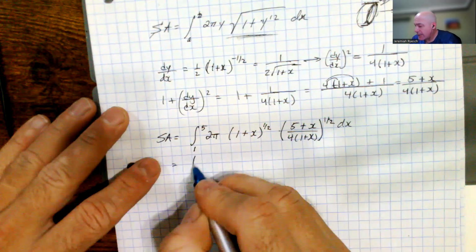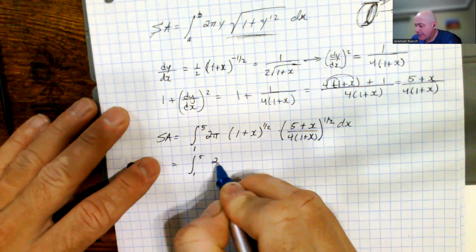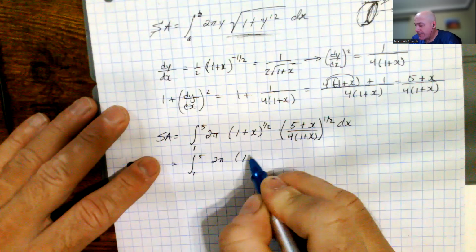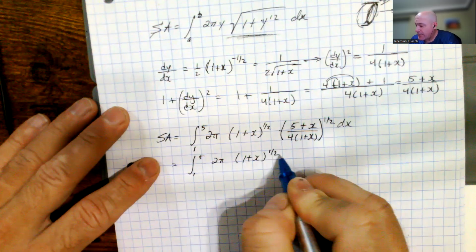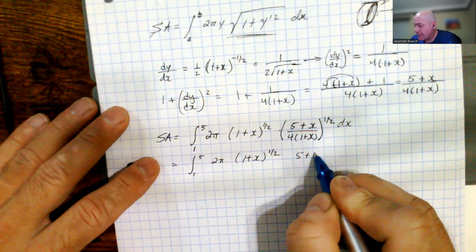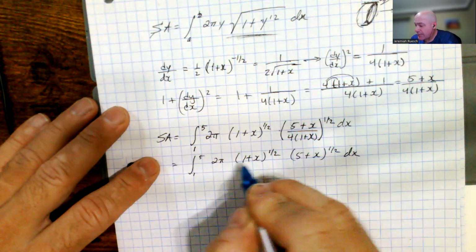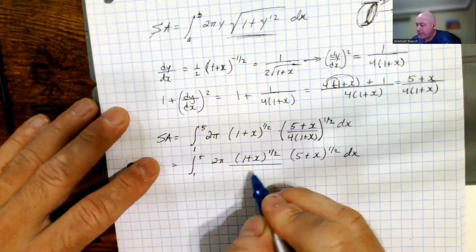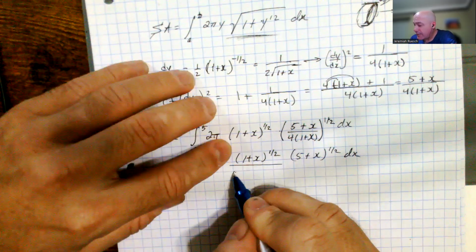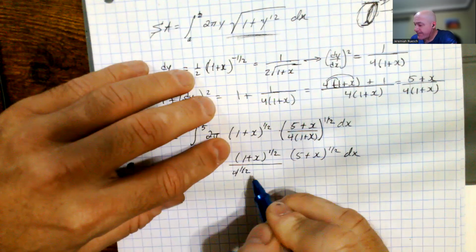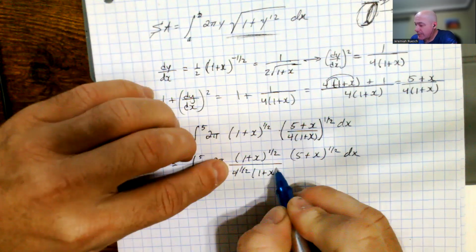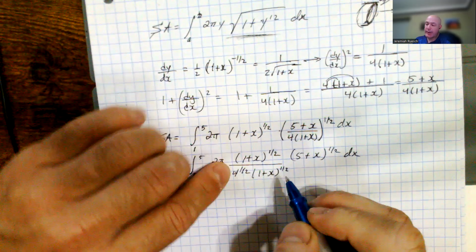But I feel some really nice simplifications coming. So this is (5 plus x) to the 1/2 dx. And I'll write it over here to kind of emphasize this. So this is 4 to the 1/2, and then (1 plus x) to the 1/2. Can't you see it yet?